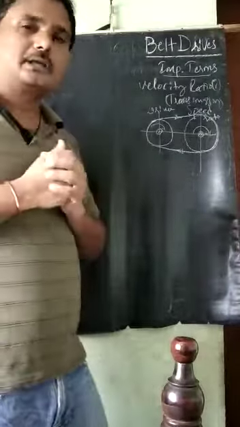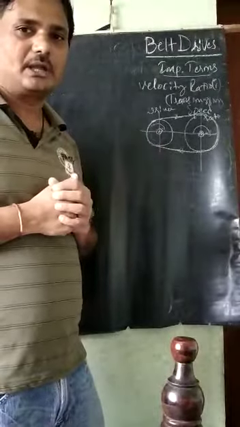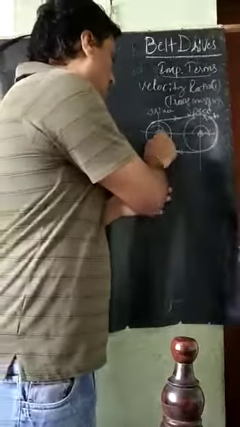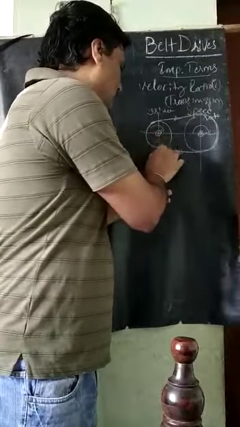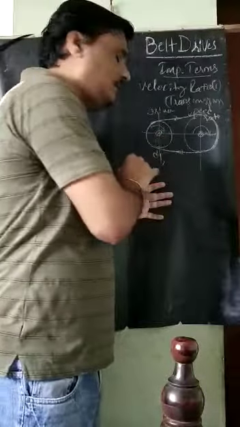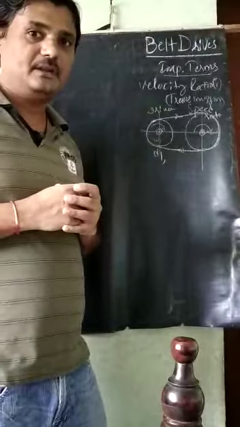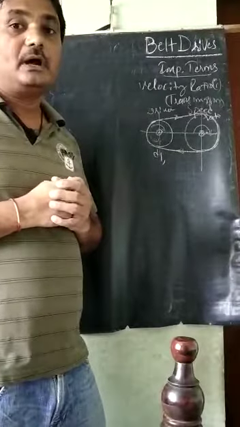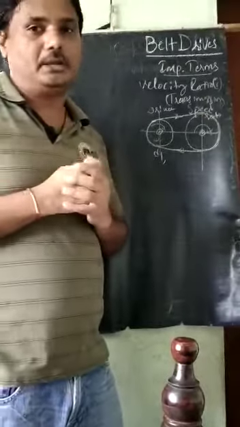So I will take the usual notation. For the driver, the diameter is d1 and its speed is n1, in RPM, revolutions per minute.